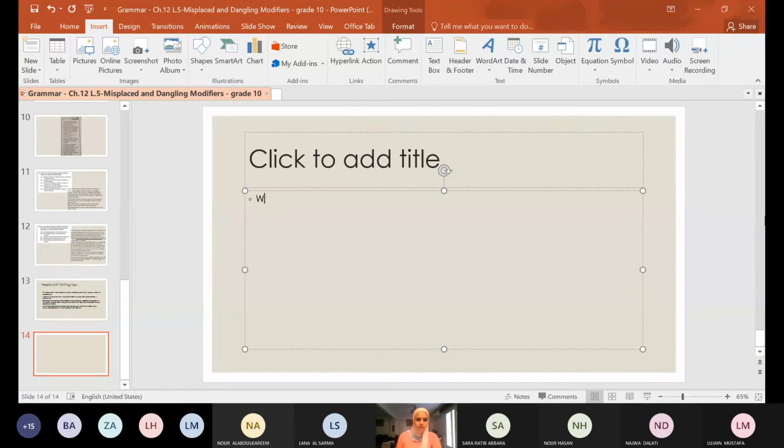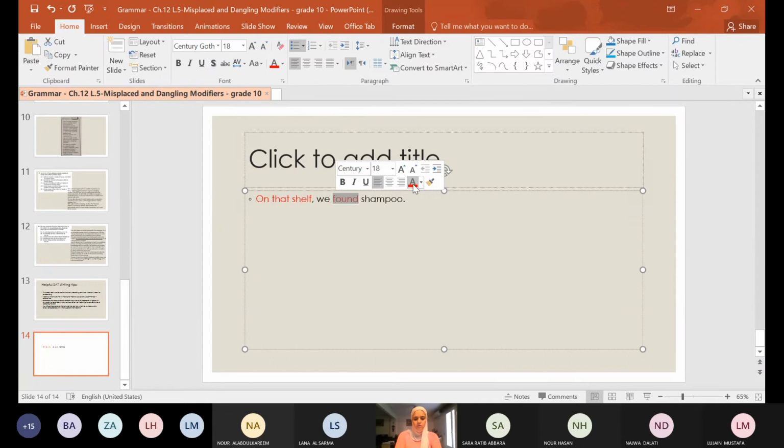On that shelf is an adverb to "found," so it is correct. And we can also say, "We found shampoo on that shelf." It is also a prepositional phrase as an adverb to "found." It is correct.